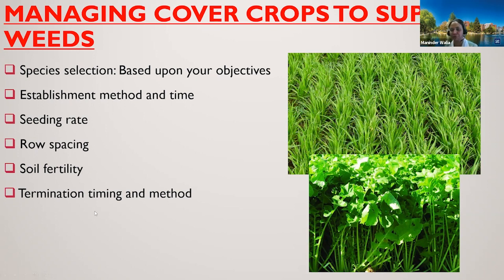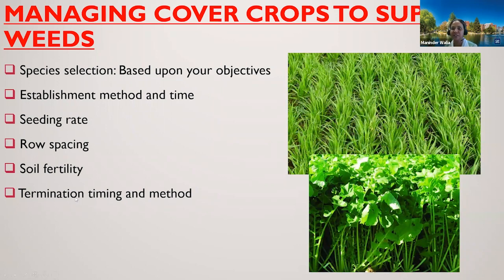Another important factor is the termination timing and method. Allow the cover crop to grow as long as possible to reduce the weed population, especially through the competition with the weeds for the nutrients, light, and moisture, and to achieve the maximum dry matter production, which will also help to suppress the weeds.